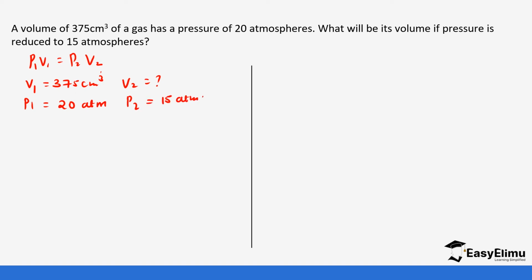So we want to put what we have in the formula. So we said P1 V1 is equal to P2 V2. So our P1 is 20, our V1 is 375, is equal to our P2 is 15, and our V2 we do not have. So this tells us that it's going to be 20 times 375, which gives us 7,500.